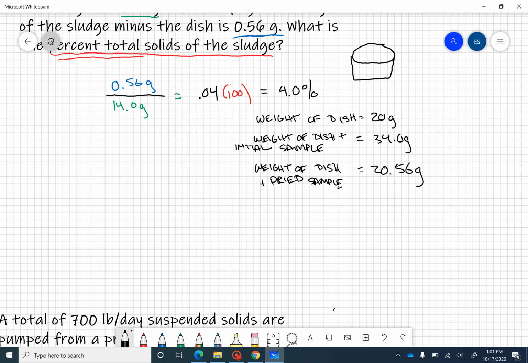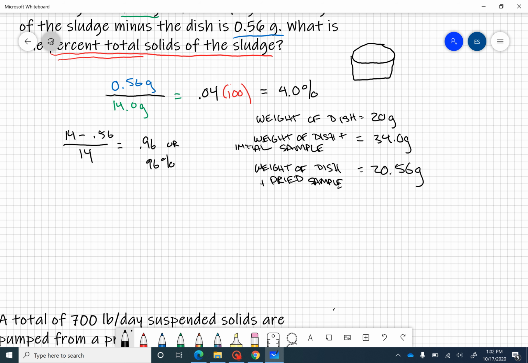If you forget that, if you actually did the percent removal equation that I just showed you, the in minus the out over the in. So let's say you said, oh, I know, percent removal: 14 minus 0.56 divided by 14. You're going to wind up with 0.96 or 96%.